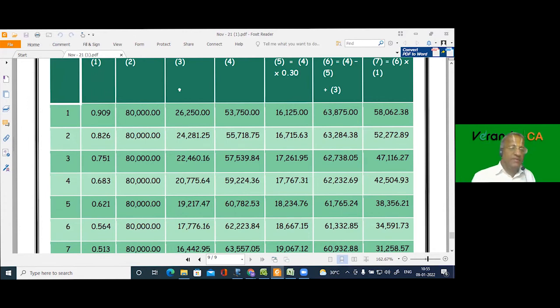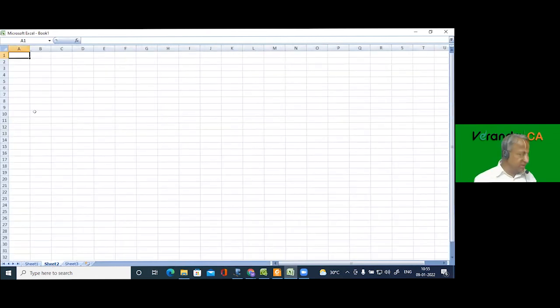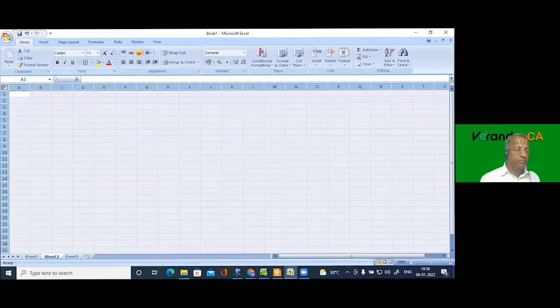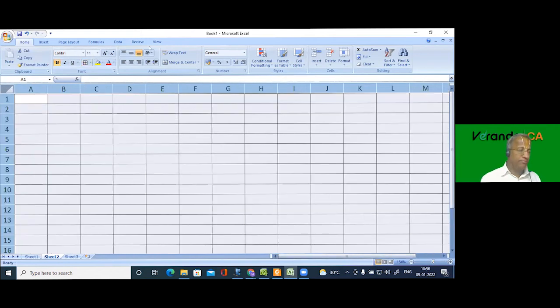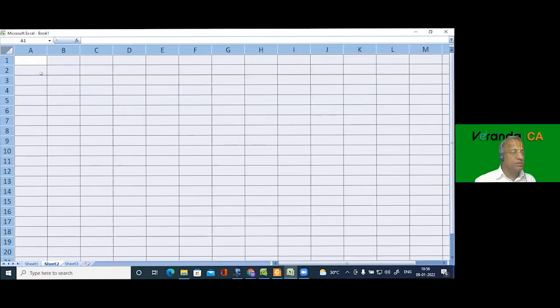See, they have done it in a very unique way, but I can't vouch that it could be correct in all cases. Now I will do it. Let us take up the case for discussion.